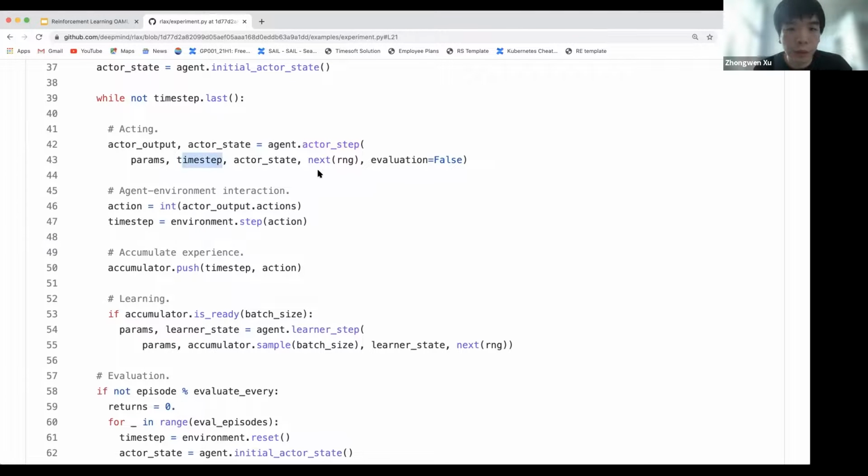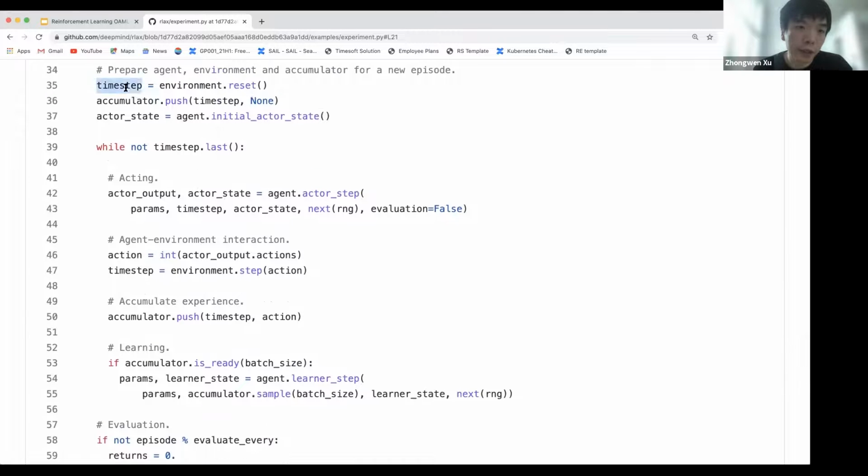So you can ignore some of the other parameters for now. Taking the time step from the environment, the agent acts according to the time step to produce the actor output. Because the agent is acting, we can call it the actor. So this is the actor step.